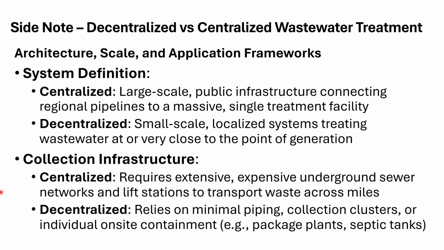Okay. Now, collection. Centralized wastewater systems can be pretty expensive when you think about it. You have built up over time these wastewater collection lines that are going to take wastewater to a centralized treatment plant. So you've got a collection network.